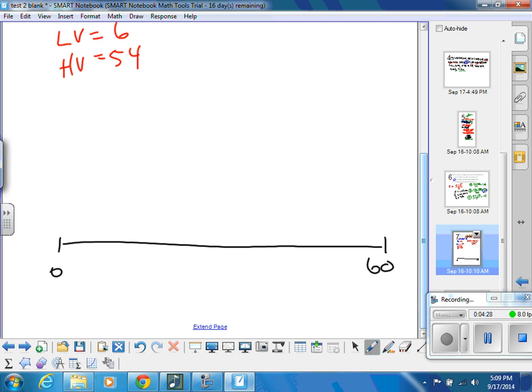So I start out at 6, and then 54 is about there. So this is 54, okay? Oh, it's going to be a crooked line. I'll fix this. Okay, that's pretty good. So about like that. Alright. Now, that's that part. From here, I need to do my quartiles for the box.